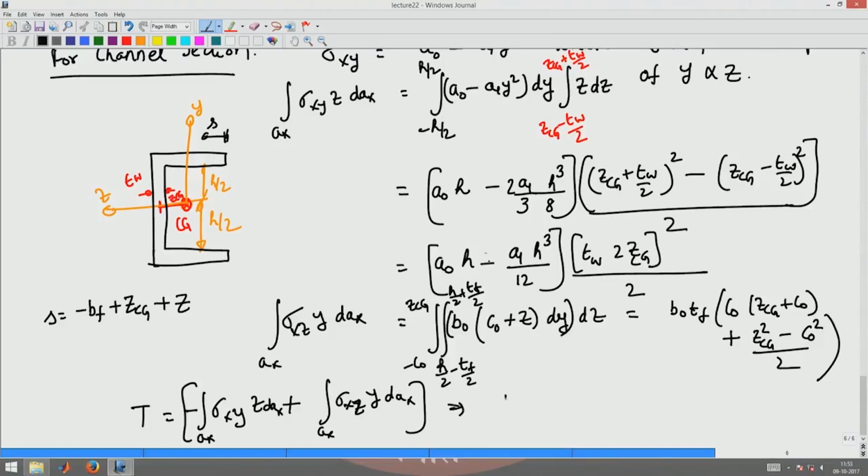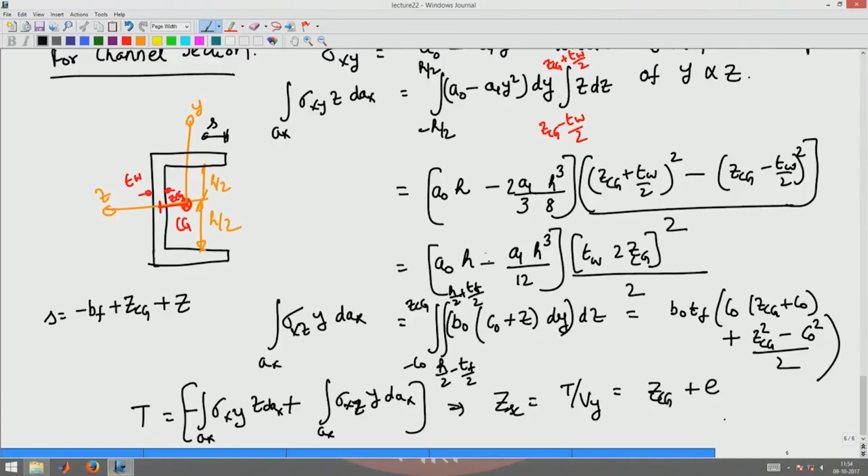So, from here I get ZSC as T divided by Vy. This expression will in fact be ZCG plus E, where E is the same as what we had computed before. So, you have to run through these calculations to get up to this step.